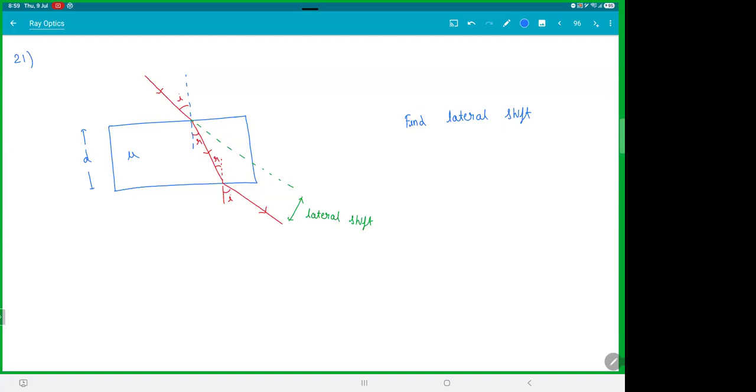How do we find the lateral shift? Is that clear, everyone? The final ray is parallel to the initial ray. The deviation is 0 when you pass through the slab. So when a light ray passes through a slab, there'll be no deviation.